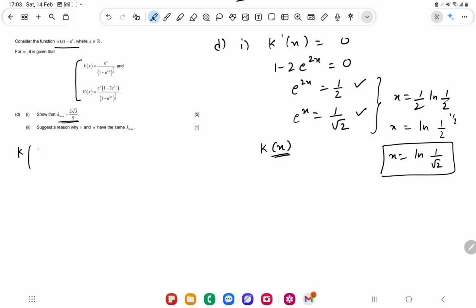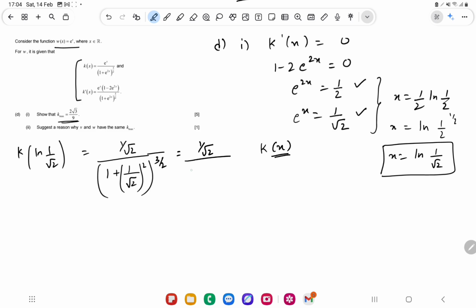For k max, if I substitute x as ln 1 by root 2, e to the power ln 1 by root 2 becomes 1 by root 2, upon 1 plus 1 by root 2 whole square, because this is e square, to the power 3 by 2, which gives 1 plus, again, 3 by 2. This I have already solved in the above part.